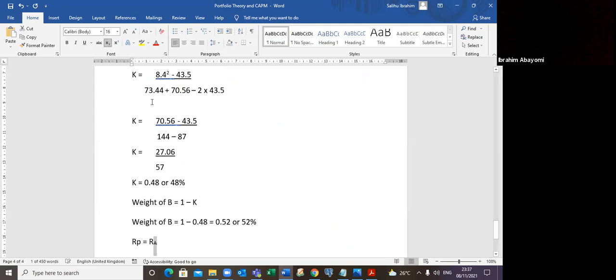Return on A times the weight of A, which is K, plus expected return on B times the weight of B, which is 1 minus K.